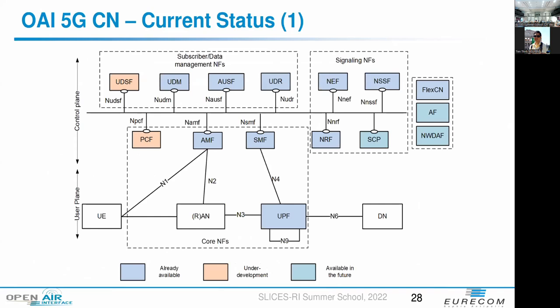You see that we already have a lot of network functions available. We continue to work to implement some network functions, for example, EDSF, service implementation, ECF, and also some network functions will be available in the future, for example, and that AF, STP.